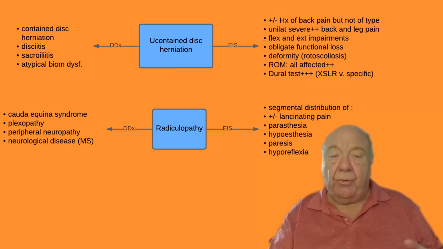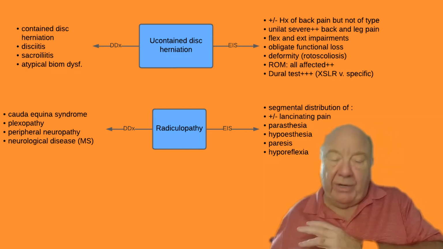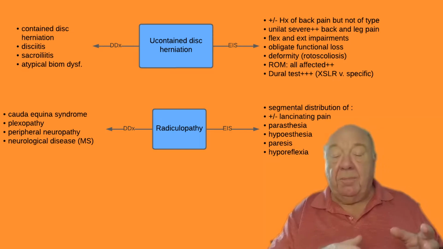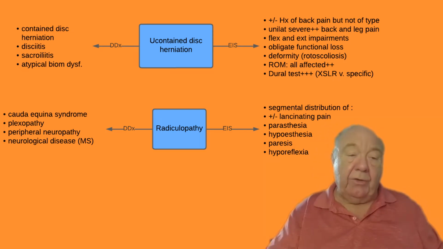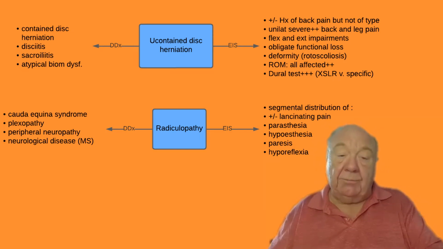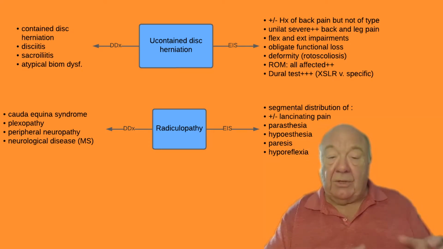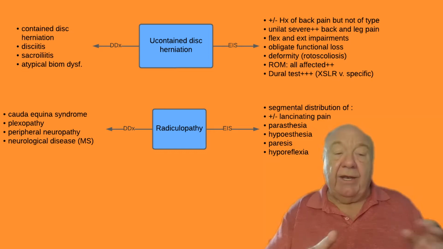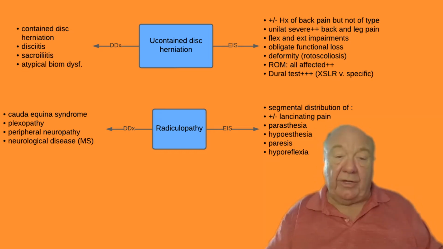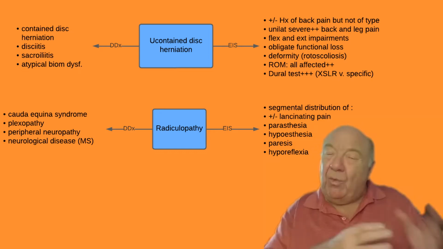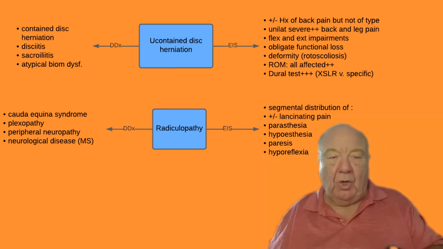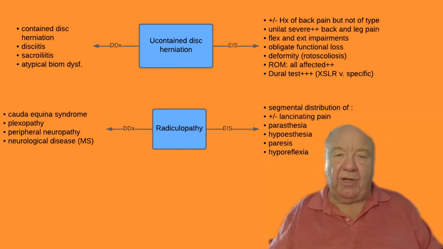Differentials include cauda equina syndrome, which is a multi-radiculopathy. It could be a plexopathy for whatever reason. A peripheral neuropathy could do this. Piriformis syndrome, for example, can look like a radiculopathy, and neurological diseases can mimic a radiculopathy as well. And then the rare ones like neuromas and so on can all do the same type of thing.